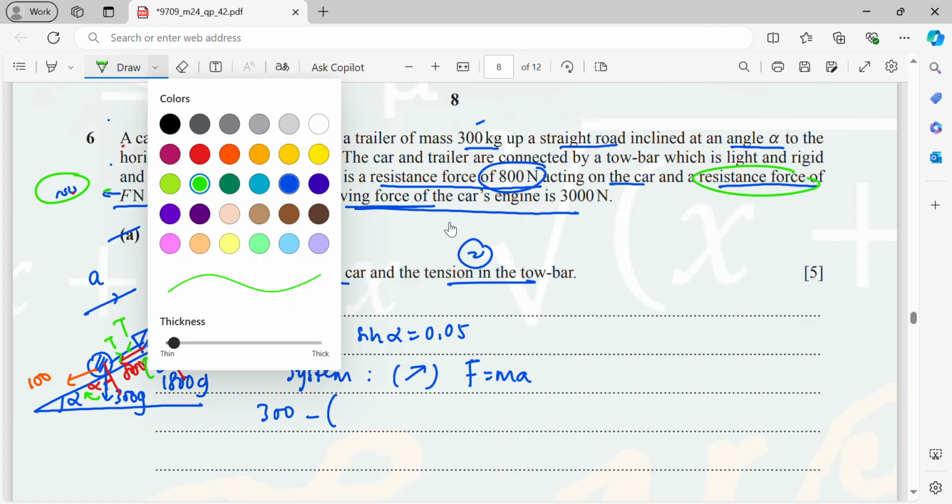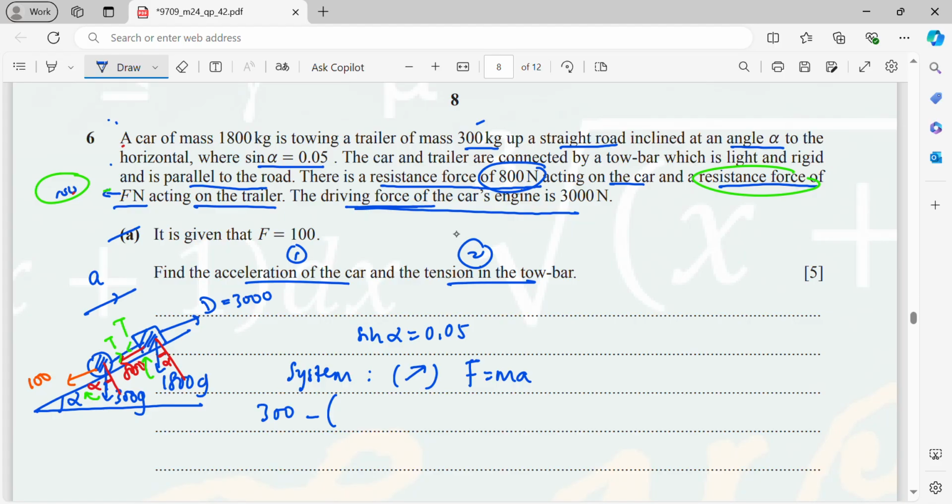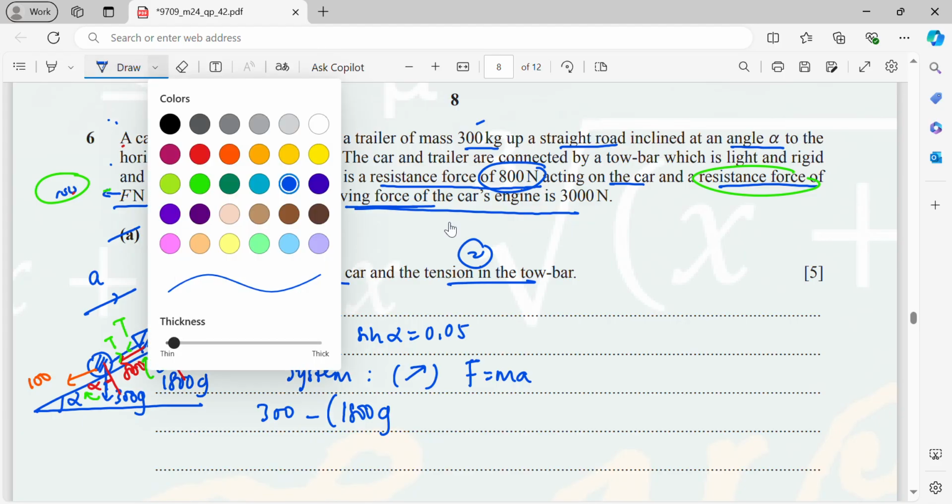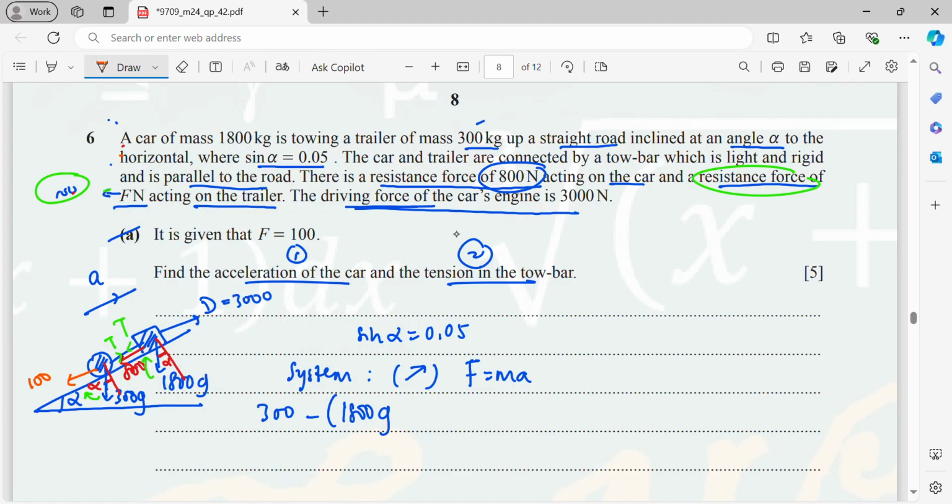So I have to minus 1800g. When I resolve this 1800 parallel to the plane, I am using the alternate angle alpha, therefore that is sine. So here I will write sine alpha.